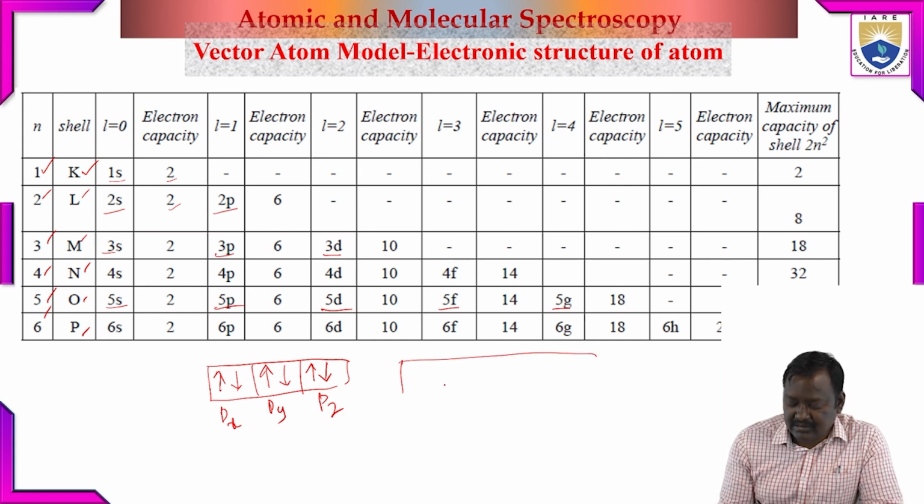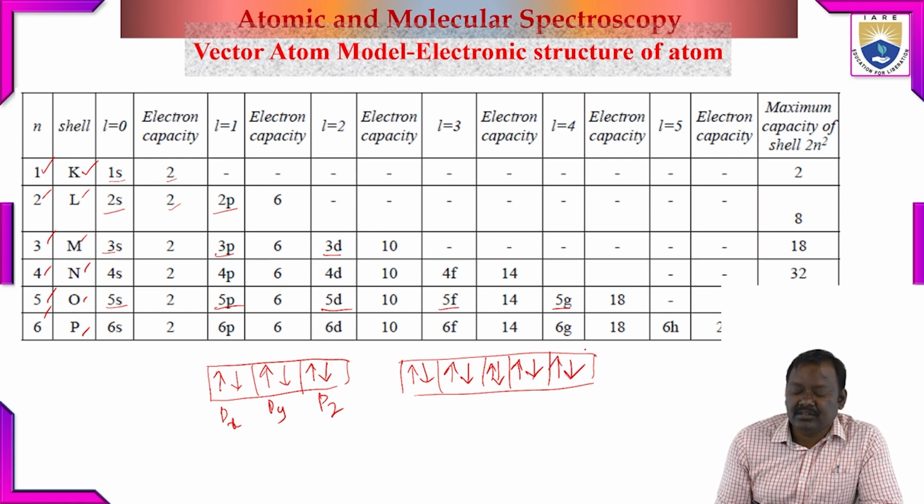Similarly, 1, 2, 3, 4, 5 subshells. So here also we can fill maximum 10 electrons like this. And f orbital 14, g orbital 18, h orbital 22.